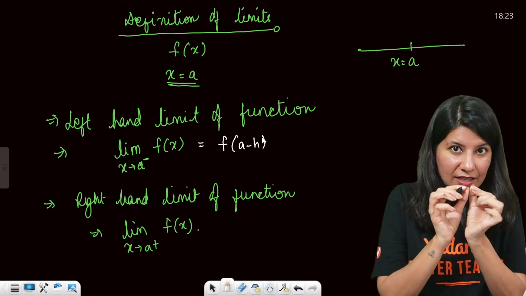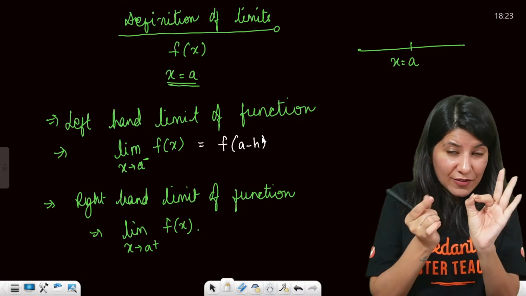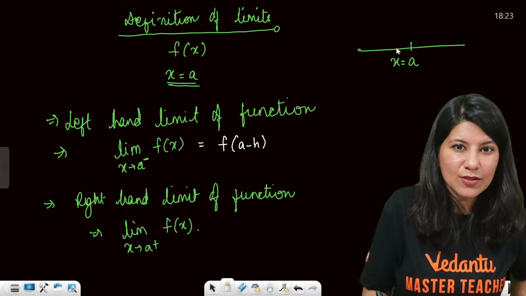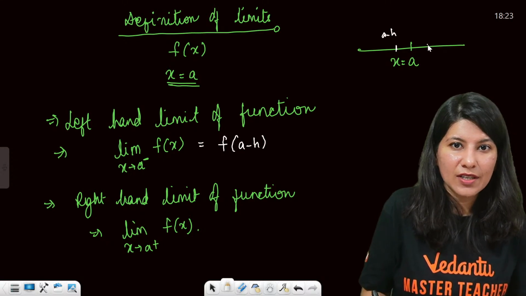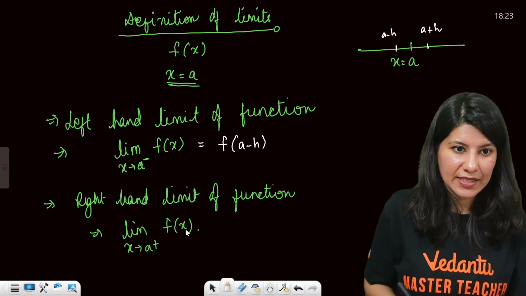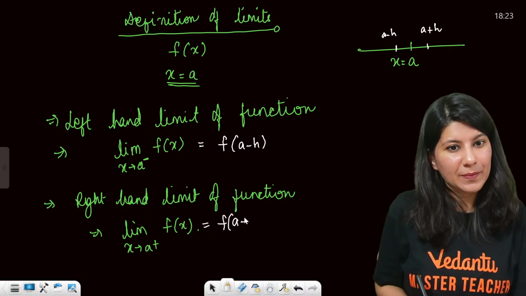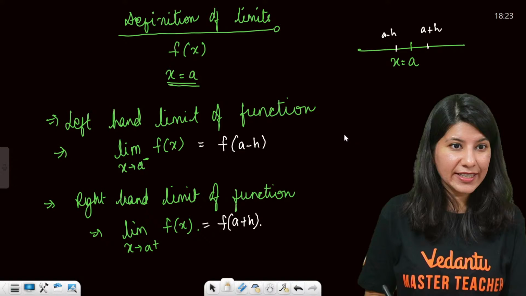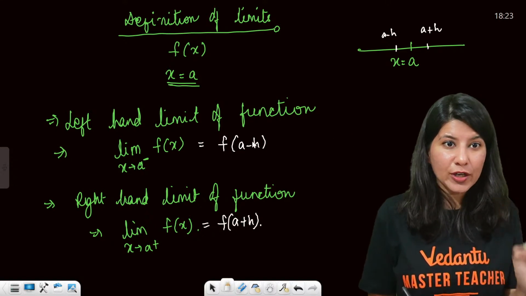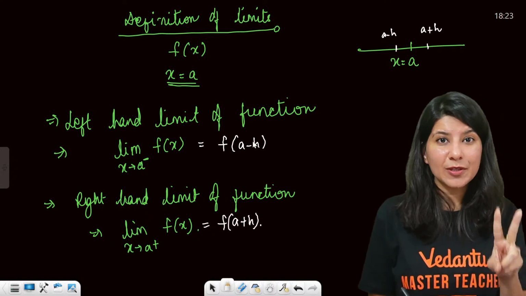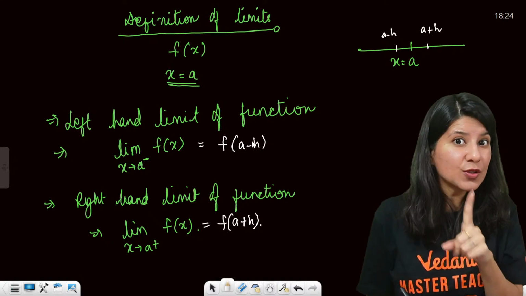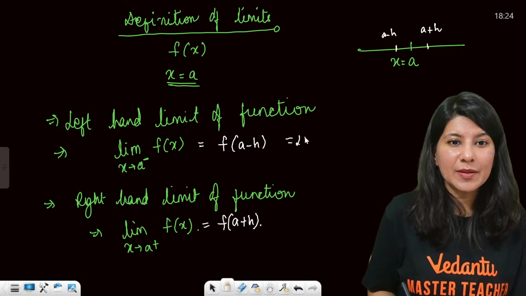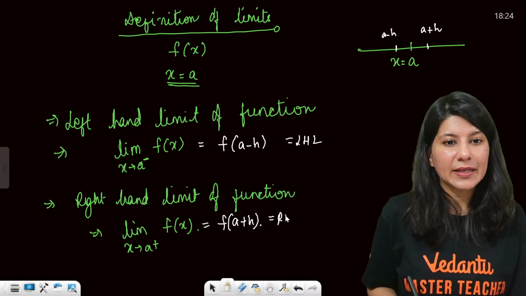That means you are not looking for f of a, but slightly less than a, which is a minus h, or slightly more, a plus h. So when I talk about limits, I'll be talking about 2 things: left hand limit and right hand limit.